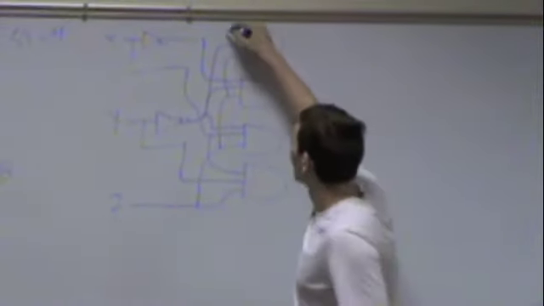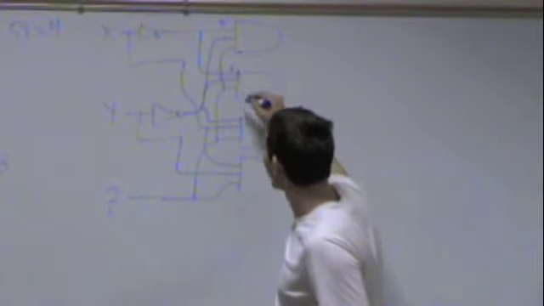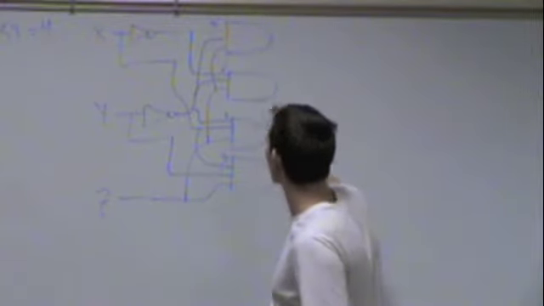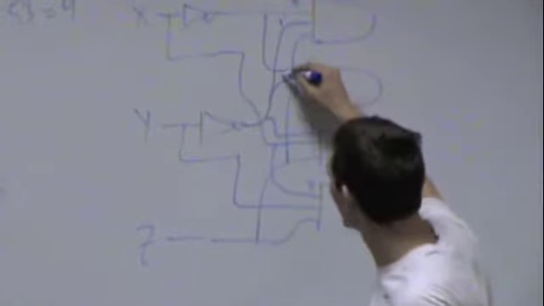So this is X not, X prime, X prime, X, and X. And this is Y prime, Y prime, and this is also Y prime, I believe.